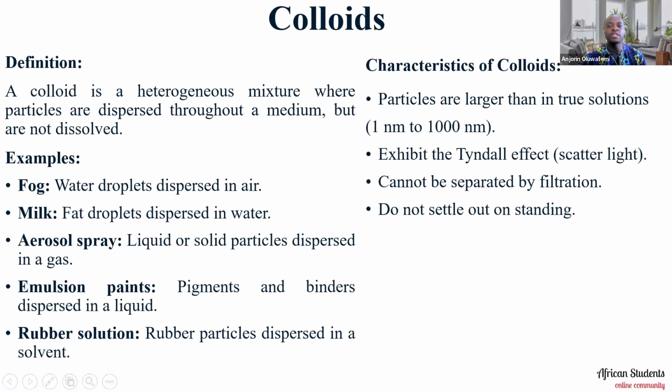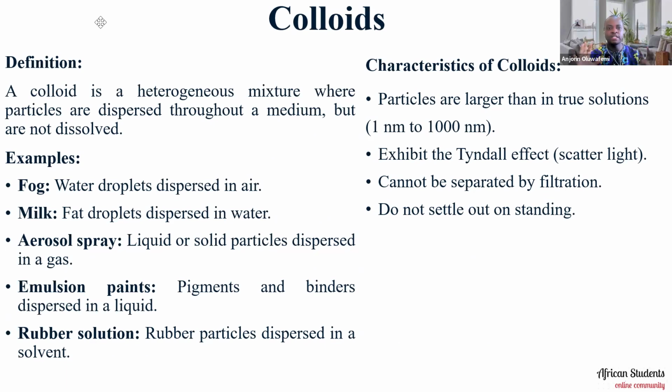Let's look at colloids now. What are colloids and what are their characteristics? Colloids can be defined as a heterogeneous mixture where particles are dispersed throughout a medium, but are not dissolved.